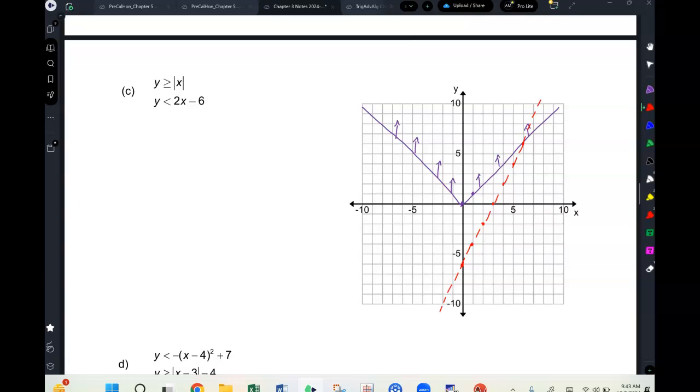Where am I going to shade this one? Below. This one goes below. So where is the part that they overlap? Just that tiny little strip there. So I can just shade this one. That's the only overlapping part.